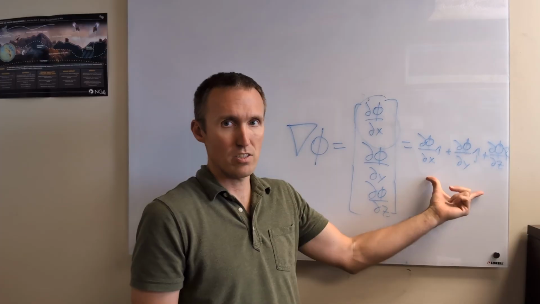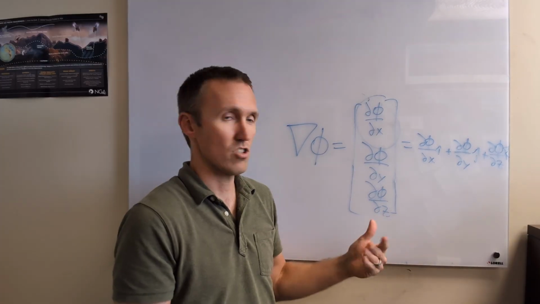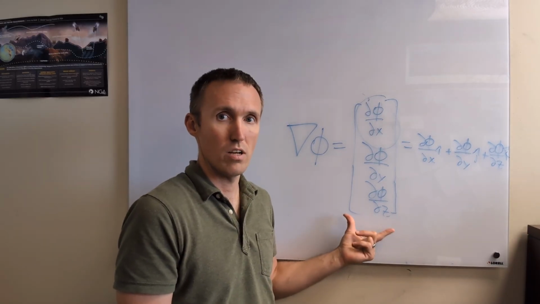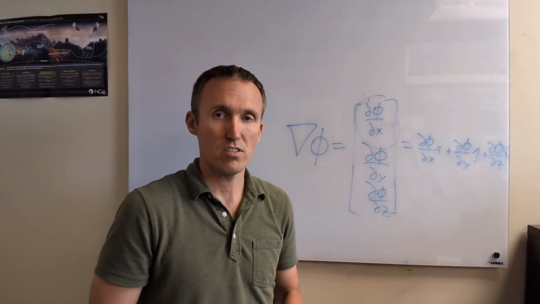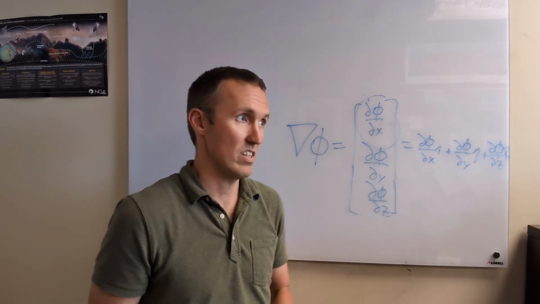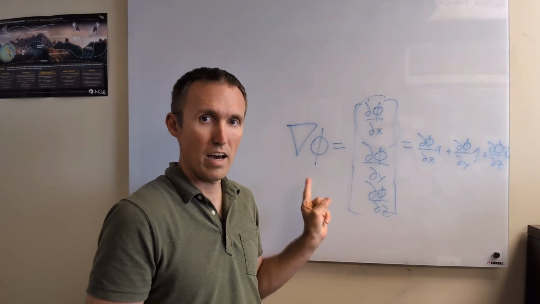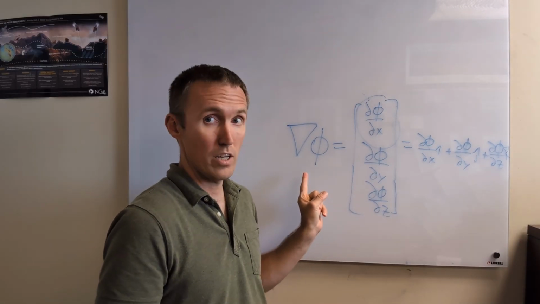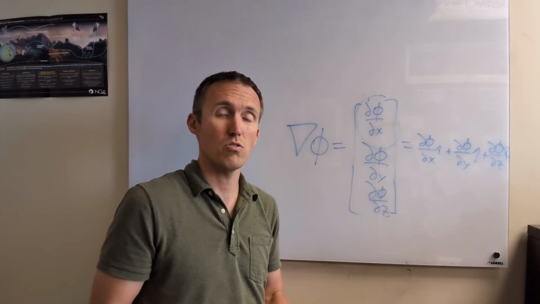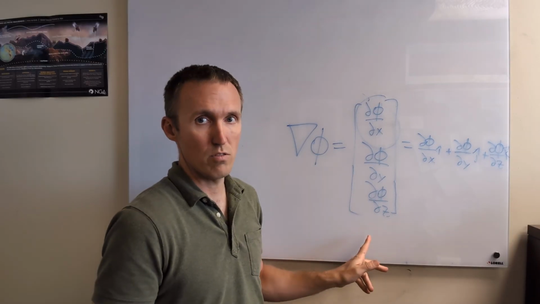I'm not a particular fan of this because it looks like you're adding something together. You're not really adding them together. It's just 3 components of one vector. And so I prefer this notation where you're actually using the vector notation to denote the fact that you have 3 components of this gradient field. So the gradient of a scalar field, again a single valued field at each location, is actually a vector, which means once you take the gradient, you go from being a scalar, a single valued field at each location, to a multi-valued field at each location.